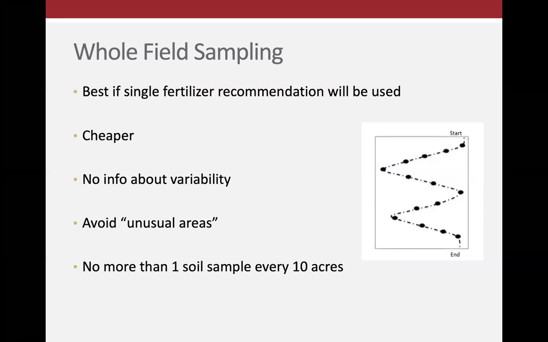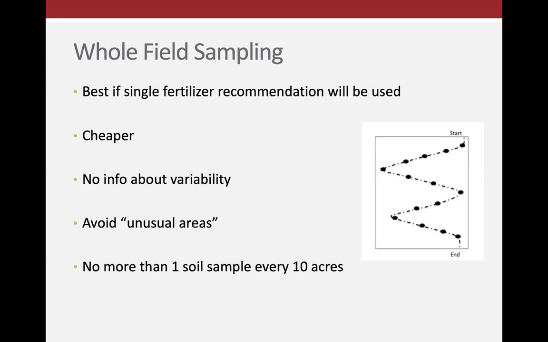It's by far cheaper because you're only pulling a soil sample per field as opposed to multiple samples. It provides no information about spatial variability across that field. Or if you're in an unusual area, say where the old barn or paddock used to be, if you sample those, then you might drive your values up. So you don't really have any idea about that.